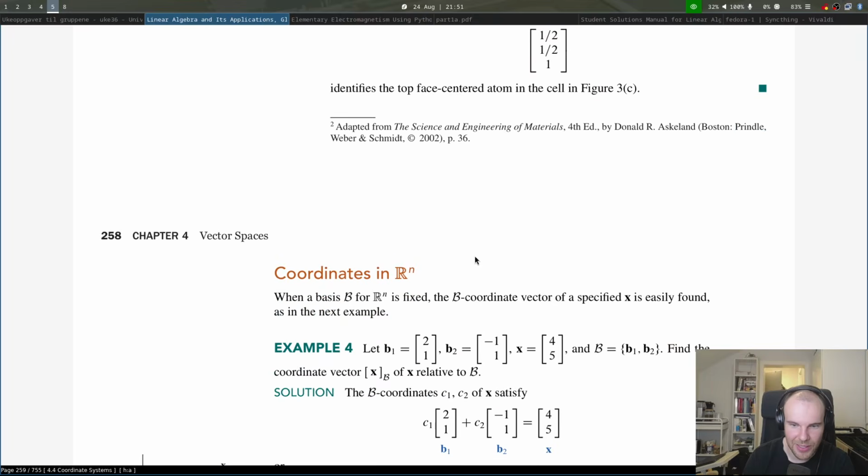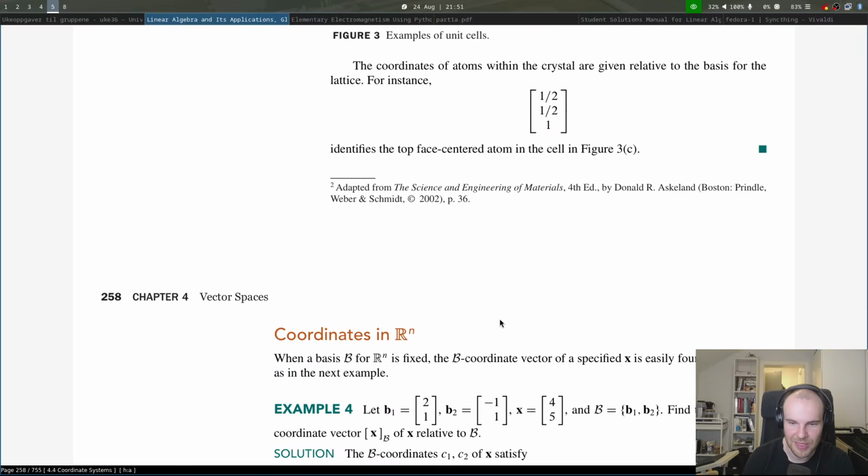Now the example 4 where I messed up. This was what I wanted. Okay, example 4. So now let B1 be equal to 2 and 1, right? Then we have B2, which is equal to minus 1 and 1. And then we have X, which is just equal to 4 and 5.